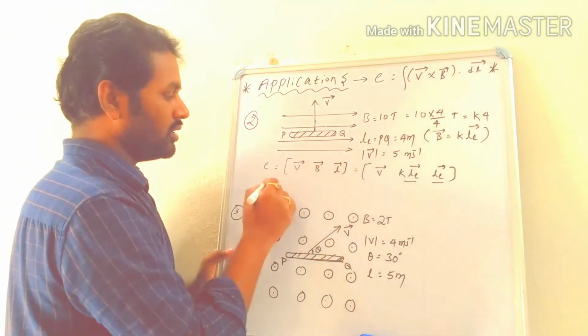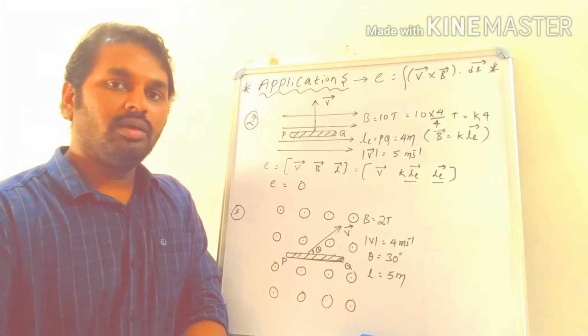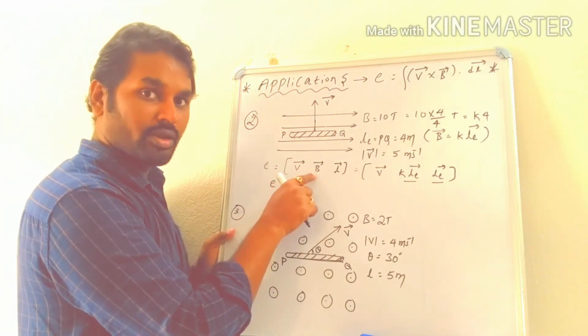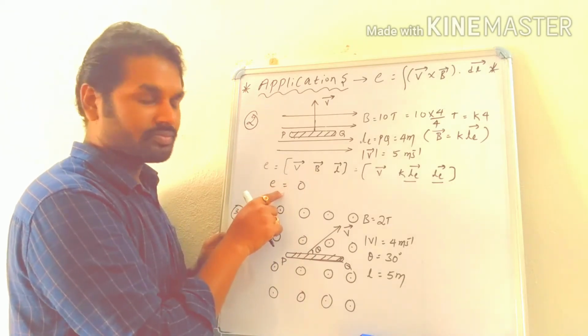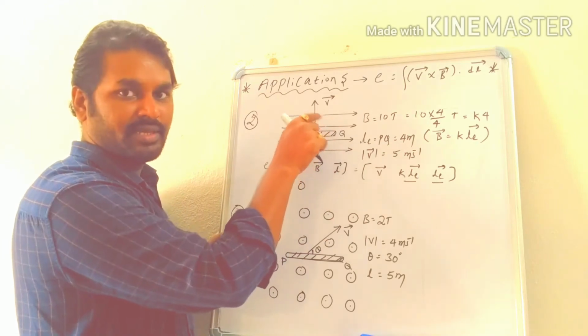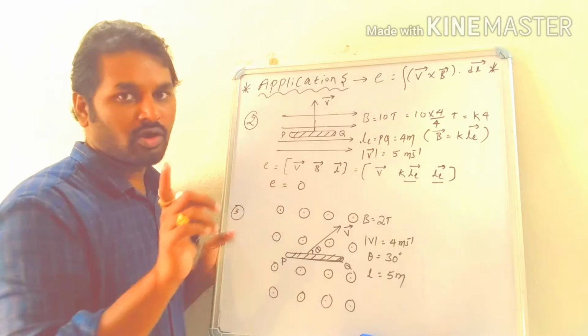And how much? You will get the result E is equal to 0. Maybe sometimes V bar and B bar are parallel to each other. There also you will get the induced EMF is 0. Or B and L are parallel to each other. Here in this case, B bar and L bar are parallel to each other. Here in this case, you got the result how much?